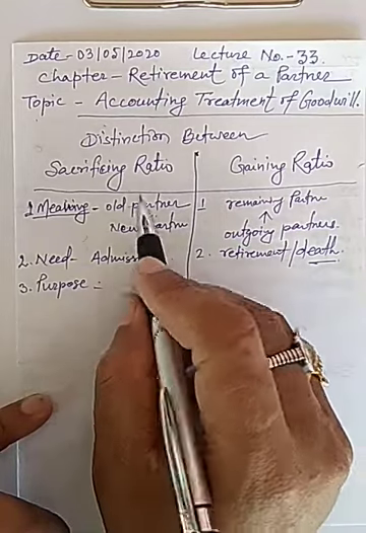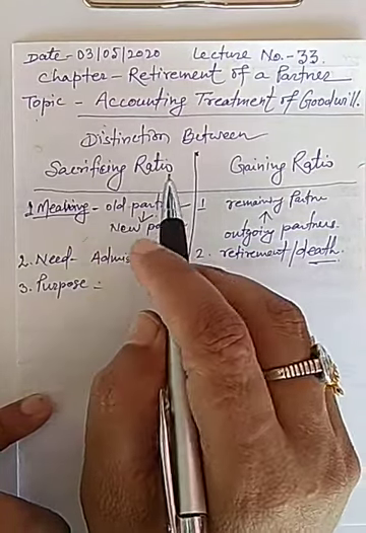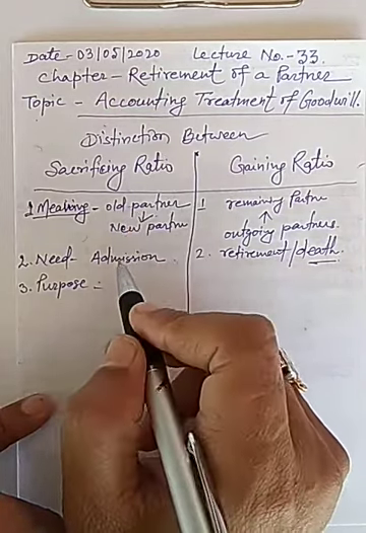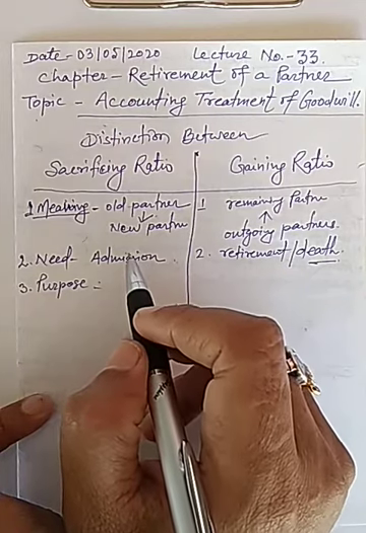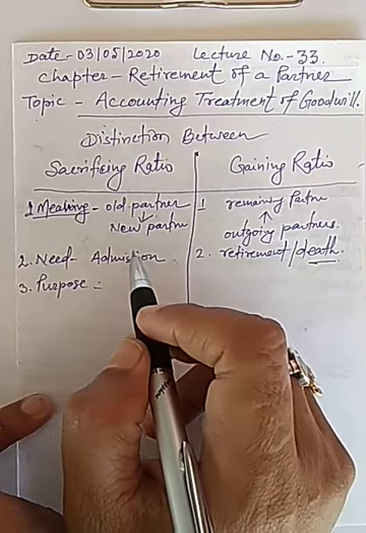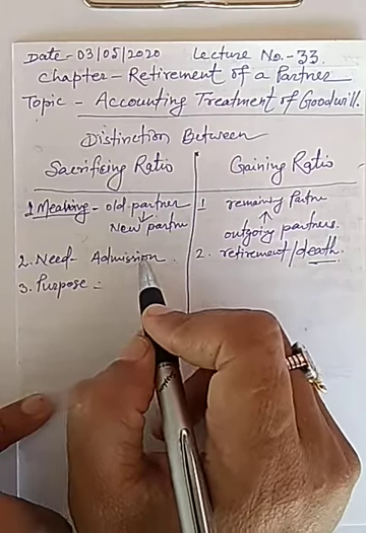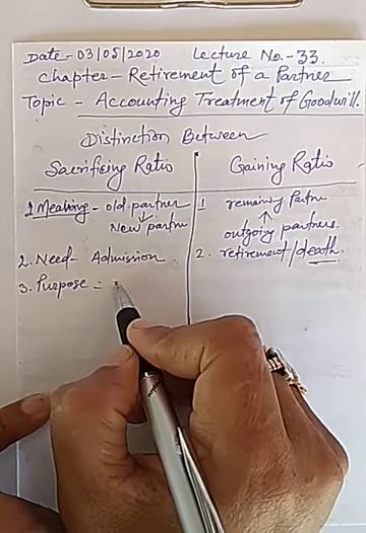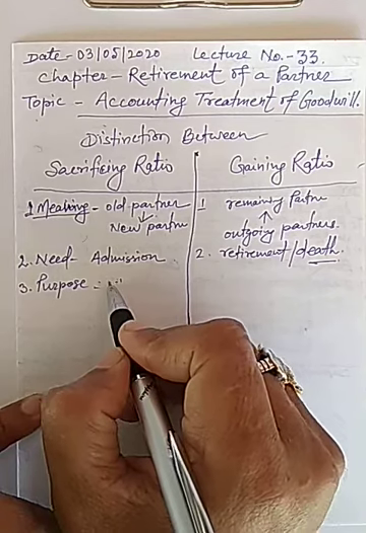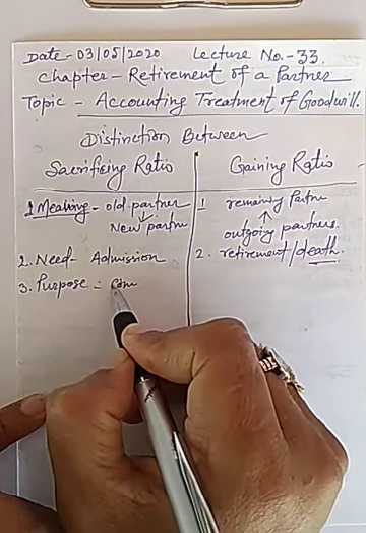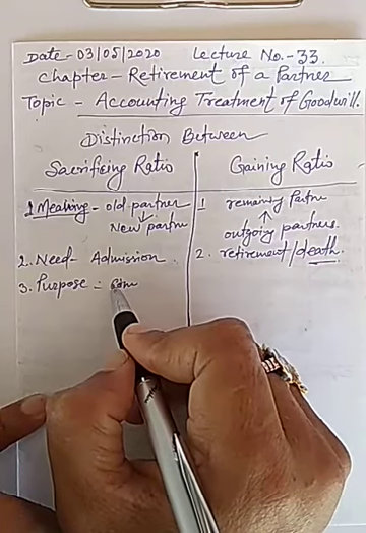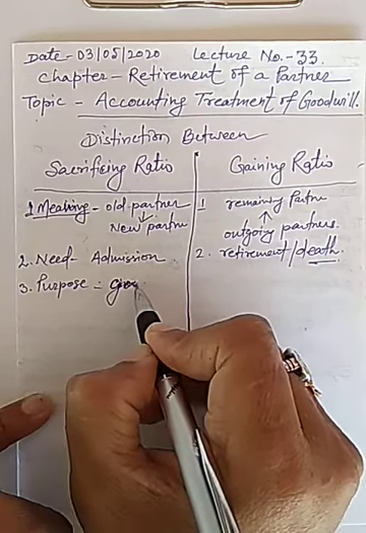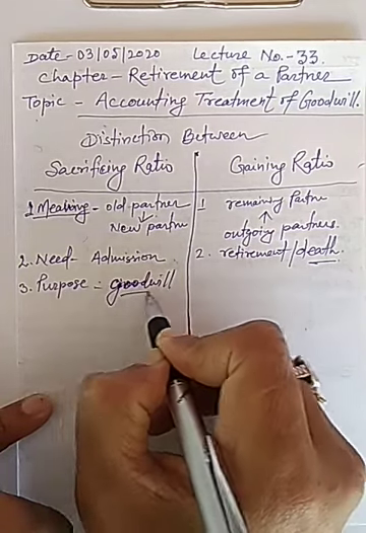Sacrifice ratio is computed to find out the amount of premium goodwill to be paid by the incoming partner to old partners. So the purpose will be computation and distribution of goodwill.